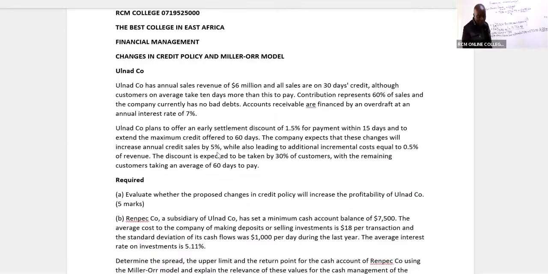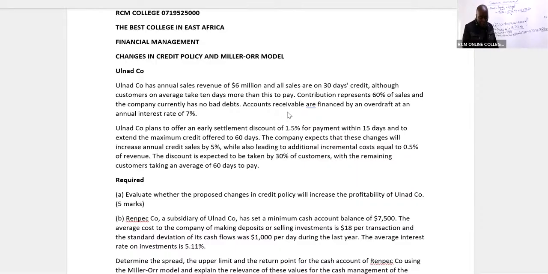So I'm told here ULNAD company has annual sales revenue of 6 million and all sales are on 30 days credit, although customers on average take 10 days more than this to pay. Contribution represents 60% of sales, and the company currently has no bad debts.